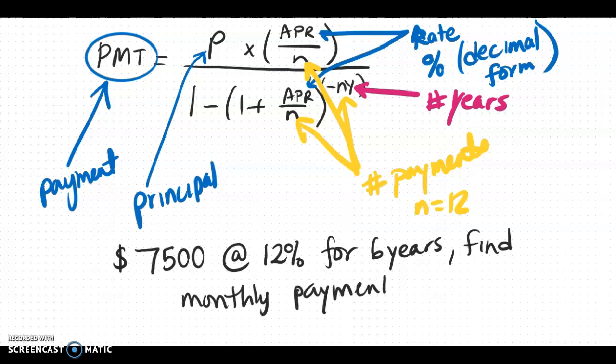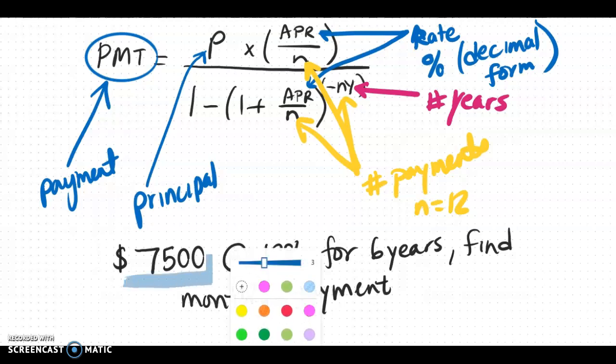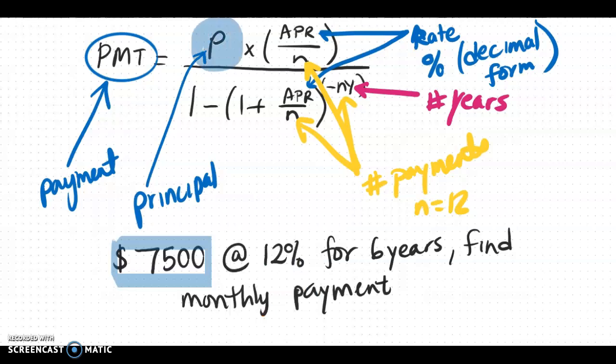Then our principal, our P, would be the 7,500, the original amount of the loan. The APR would be the percentage, the rate.